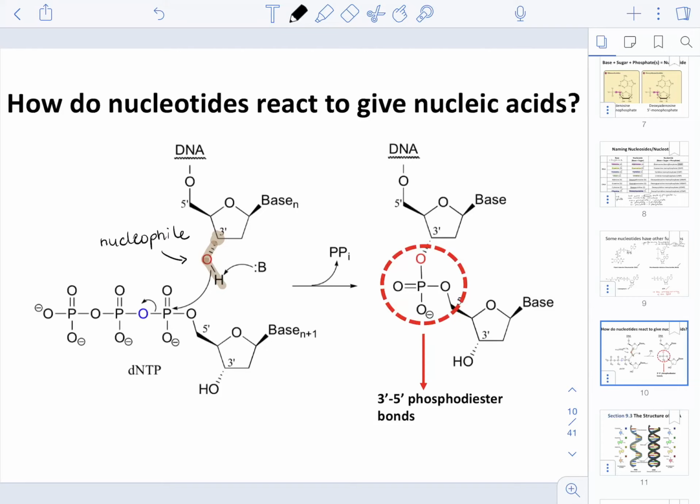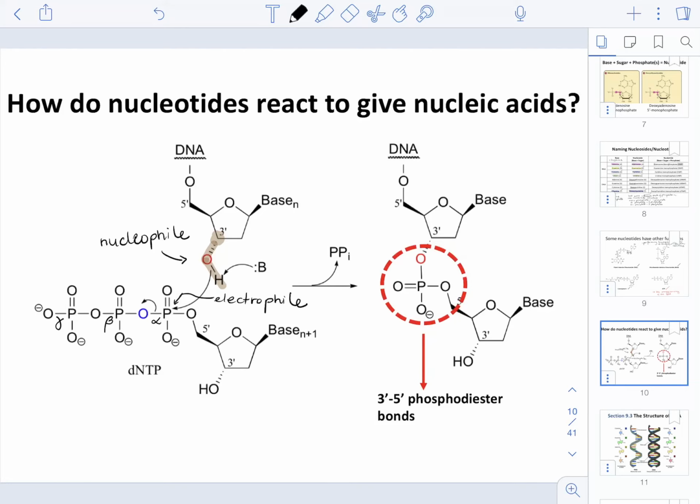This nucleophile is going to be reacting with the phosphate group in the incoming nucleotide base. And when it comes to the phosphate, we can label them as alpha, beta, and gamma. Specifically, whenever we have these reactions occurring, we are going to have a triphosphate. And the first phosphate is the one that is going to be acting as an electrophile.